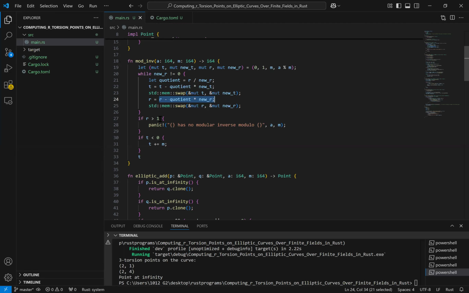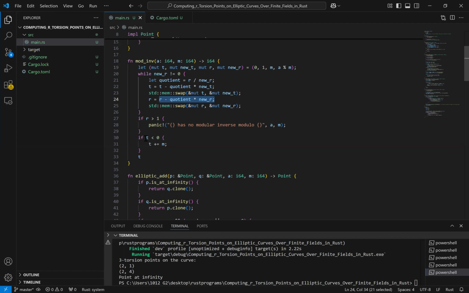Now, if r is greater than 1, then there will be a panic. r is the remainder. The modular inverse is supposed to go until the remainder is 0. So when you find that the remainder is greater than 1 after you've done all the steps, it means there's no inverse.